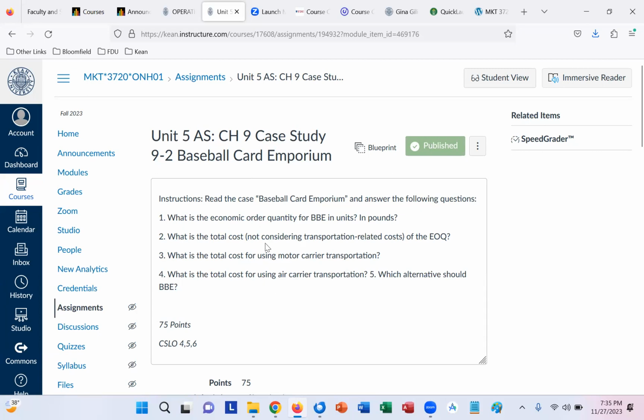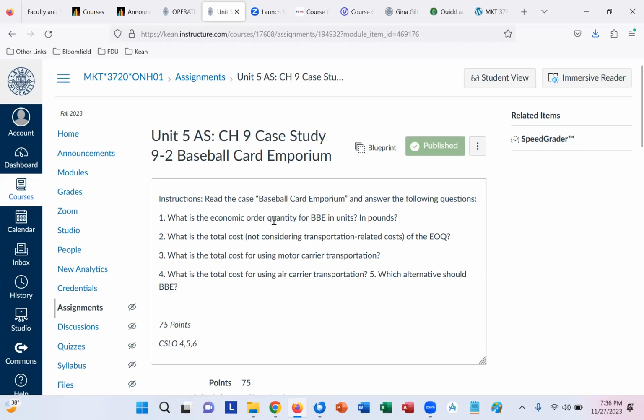So for this week's case study, our baseball card emporium case is on page 354 in your textbook, and you're answering these 4 questions on Canvas, not the ones in the textbook, these ones on Canvas.